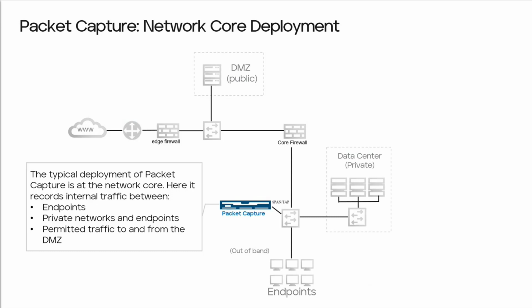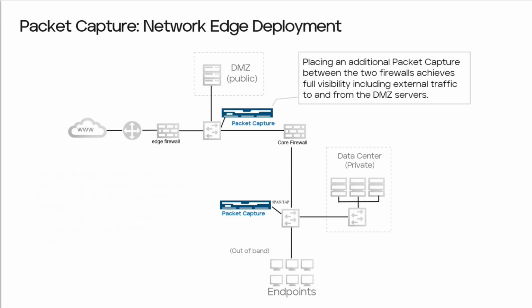If the packet capture is placed here, anything that's filtered on the core firewall would not be recorded on this packet capture. So the packet capture appliance will either take a feed from a span port on a switch, or take one from a TAP device, a TAP device that splits the traffic. So this is a typical simple installation at the network core.